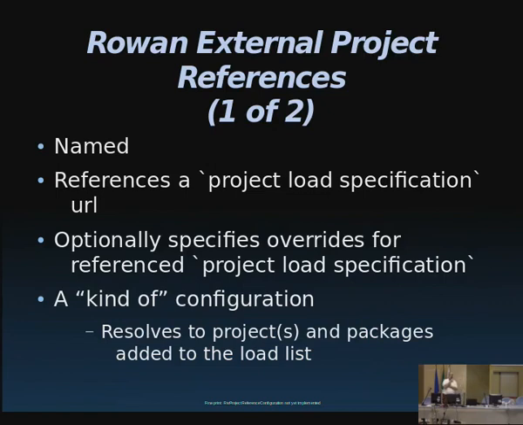And so it is inserted in the configuration network and resolved as just another object that we ran across. And oh, by the way, it references this other project that may or may not need to be cloned, and resolves additional projects and packages. And one of the features of Rowan is that it doesn't just load packages, it loads projects, and it loads a set of projects.